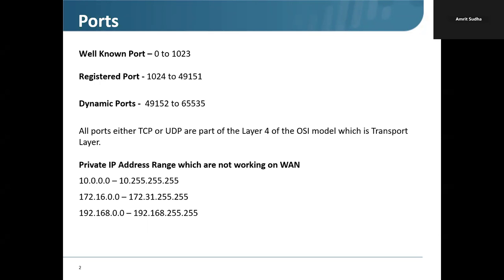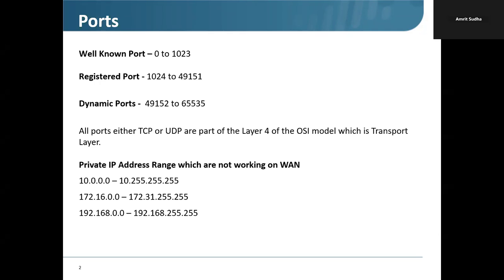Well-known ports start from 0 to 1023. They are used by system processes that provide widely used types of network services. Let's say ping. These are standard, already assigned to a particular service. Ping uses port number 1 TCP, port number 7 TCP UDP protocol.